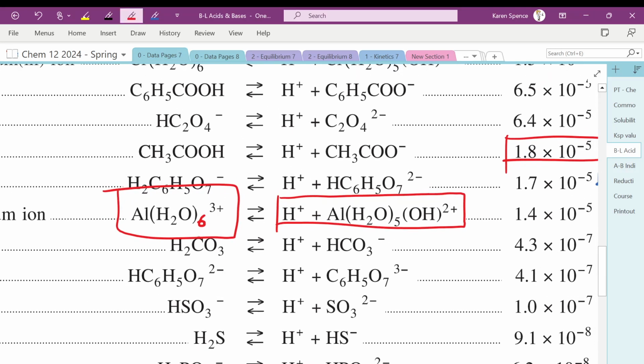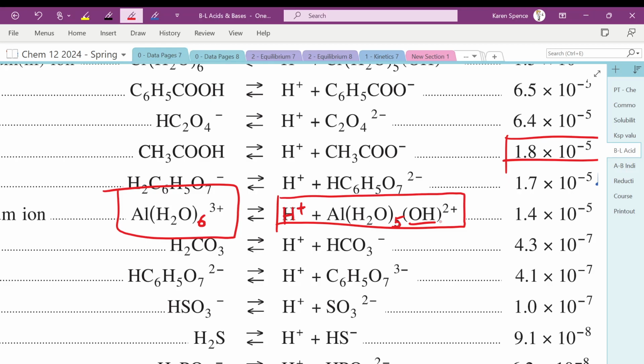You start with 6 waters on the left-hand side. On the right-hand side, you end up with 5 waters. One of the waters lost a hydrogen and became an OH. That's why it works, but you don't have to worry about it because it's written there.